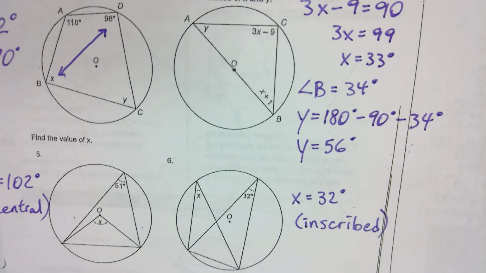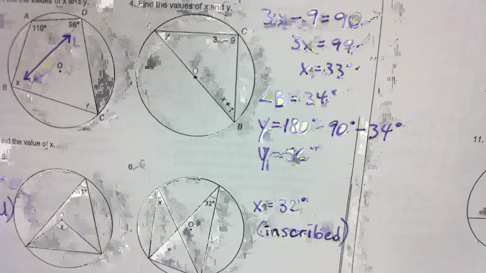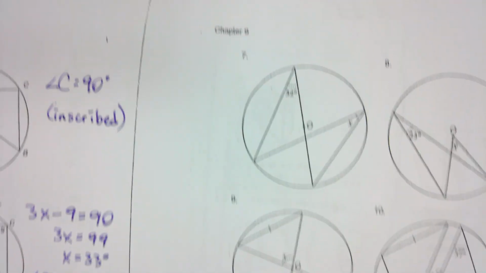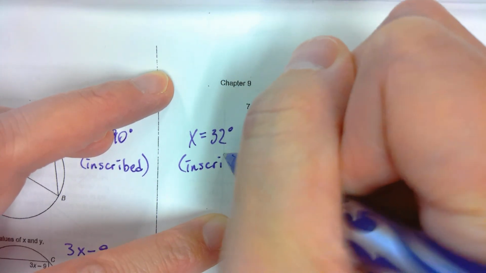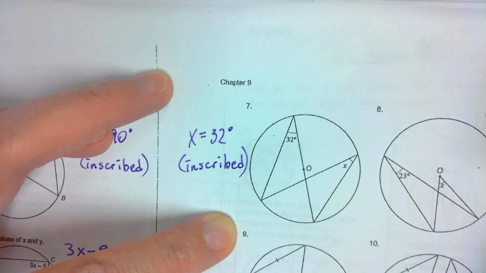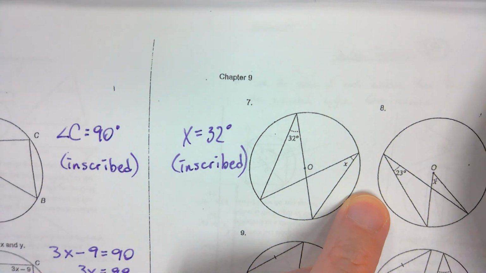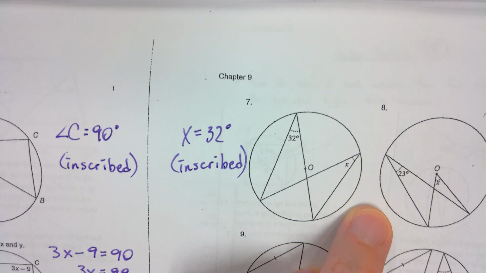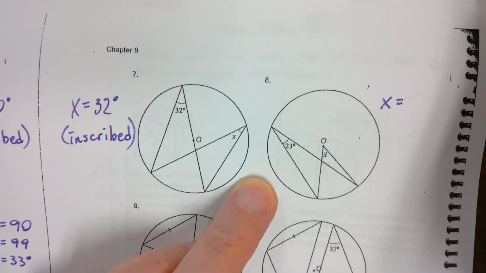Okay. Catherine, you are next. Number 7. Yeah. So same idea. X is 32 degrees, and that's your inscribed angle. What about number 8? Now, number 8 is a little tricky. Kaden, what do you think? Number 8.